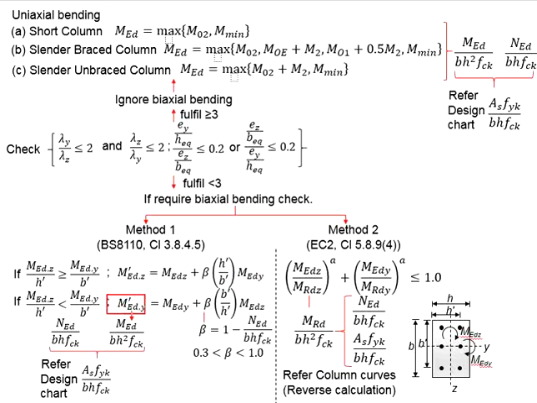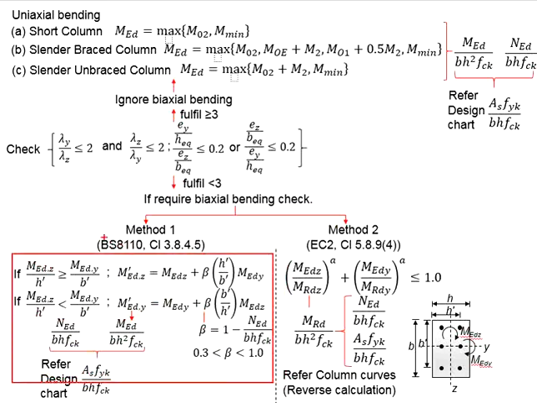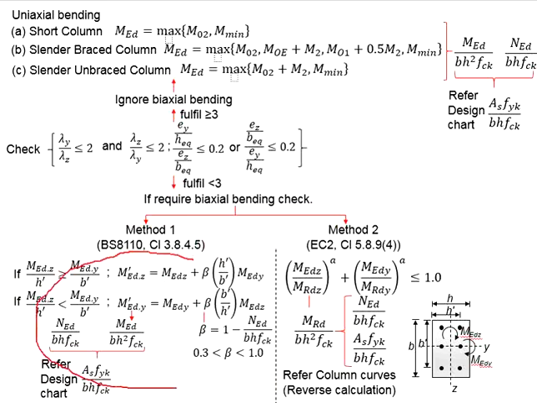Use the calculated MED in the design chart and come up with the AS required. Our calculation steps cannot stop here. This step is meant for us to work out a reasonable AS. And these equations in fact are not given in Eurocode. This method here is given in British Standard 8110. Passing this cannot be taken as passing the design for the biaxial bending column.